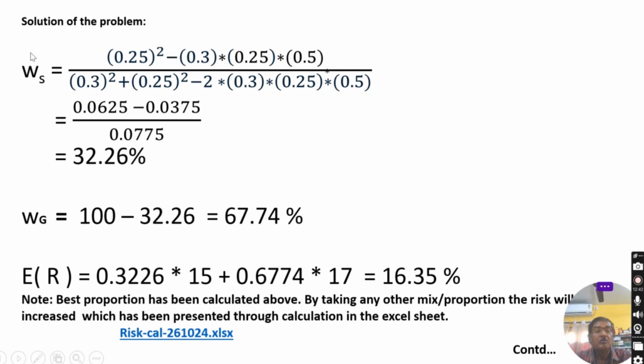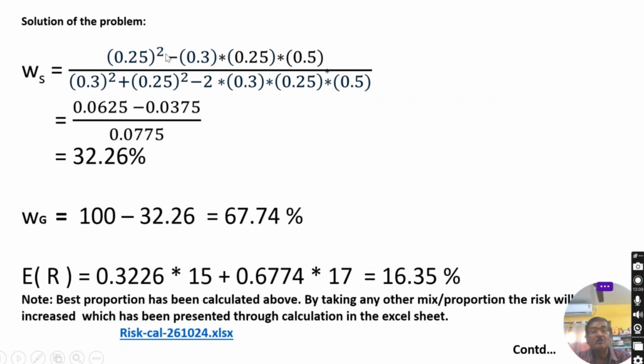This is the formula for WS. Previously it was written as W1, but as S and G are the securities or companies, first this is the weightage or mix proportion, WS. You have to put the values.